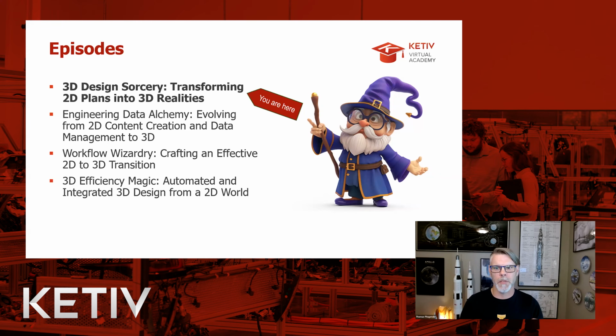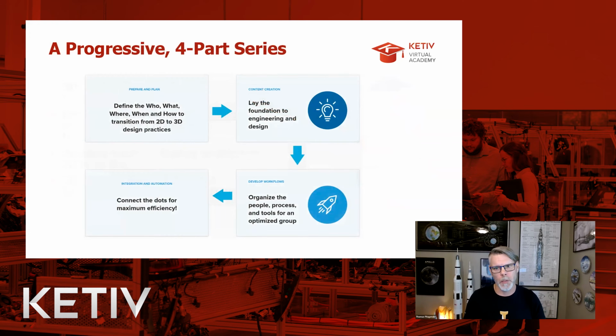So this first episode, we're going to be talking about how to plan and prepare for your transition process. How do we go from utilizing 2D design information and then creating and leveraging 3D design information? So that's really the context as to what we're going to be talking about over these next 4 episodes.